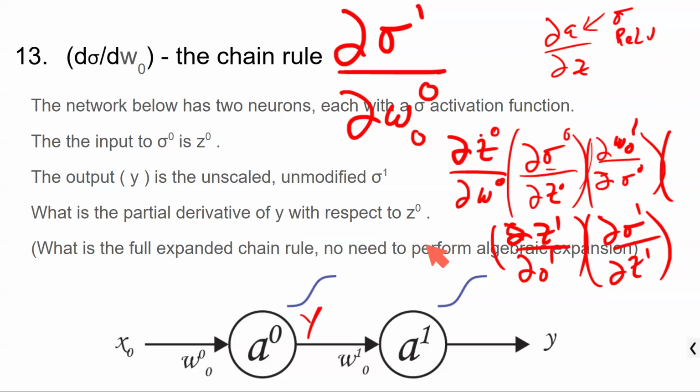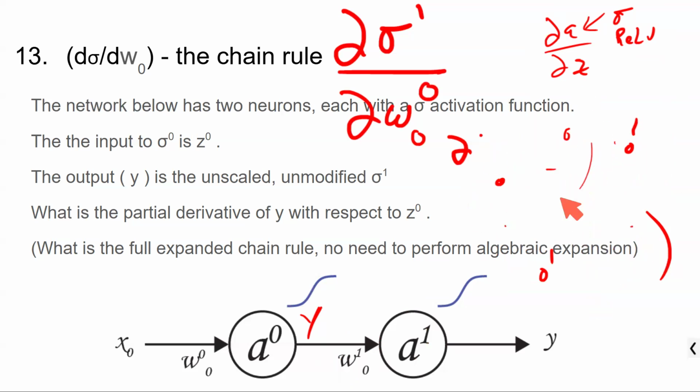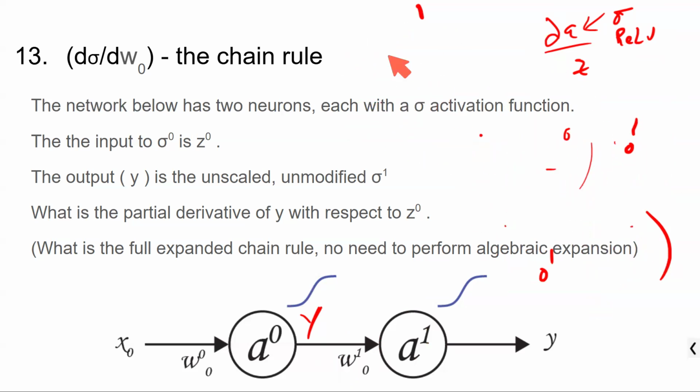And this maybe makes a little bit more sense, the derivative of Z with respect to that activation function that was going inside of here. So I think we've kind of hit the wall.